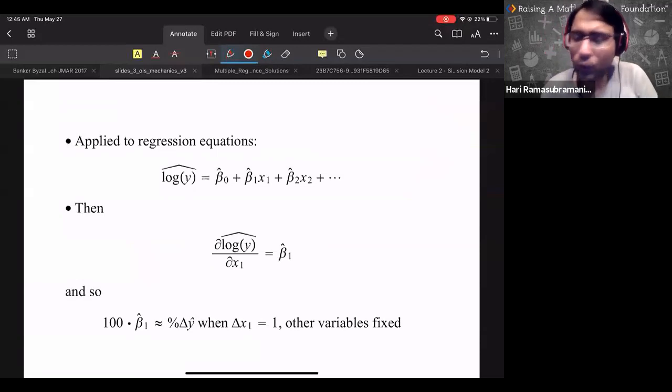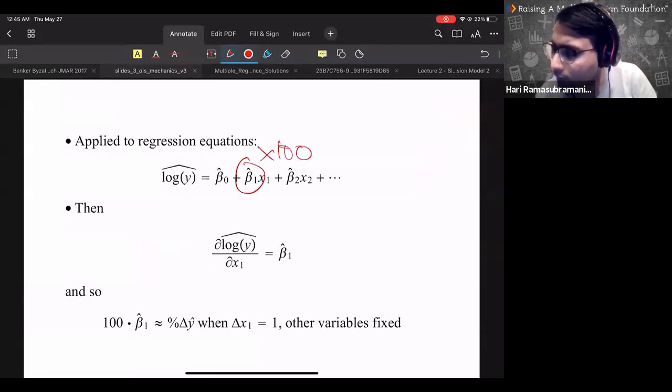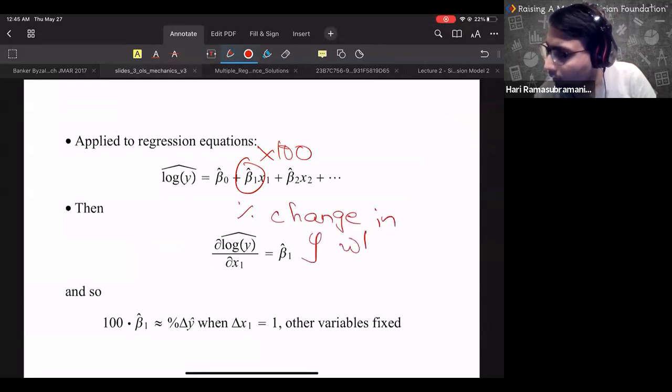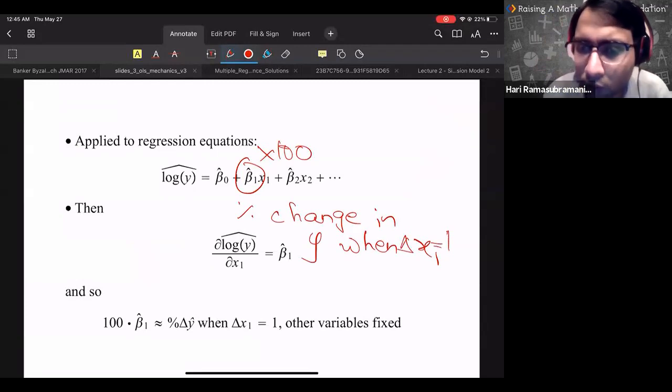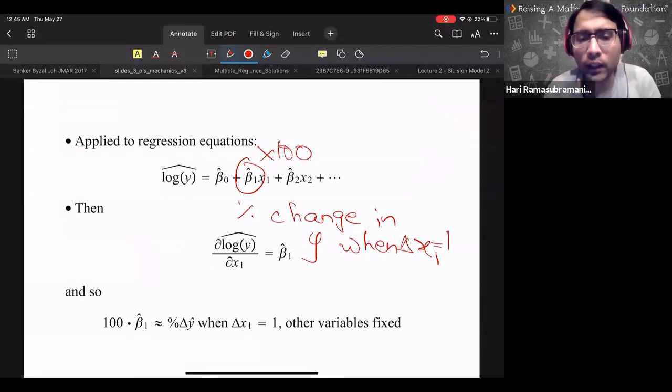What you will do is take beta 1 hat, multiply it by 100, and say that that's the percentage change in y when x1 changes by 1 unit, with other variables held fixed.